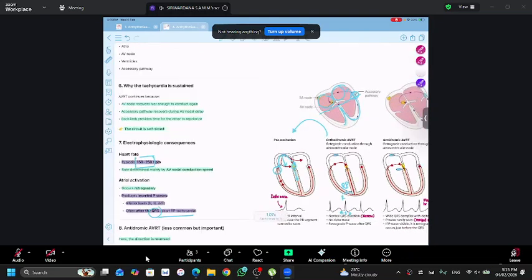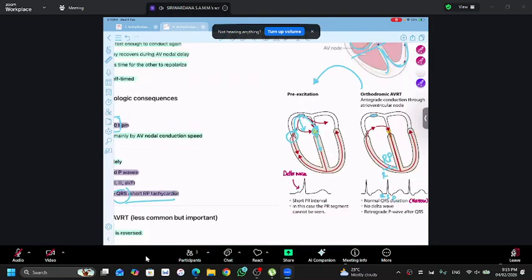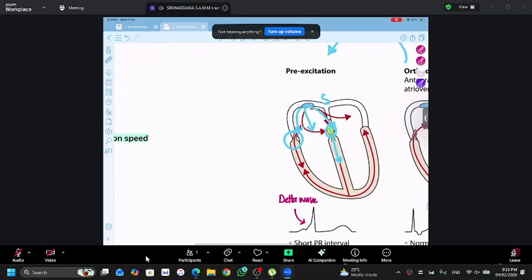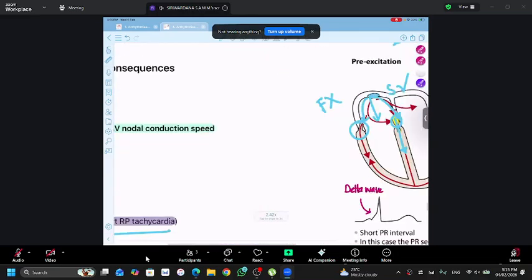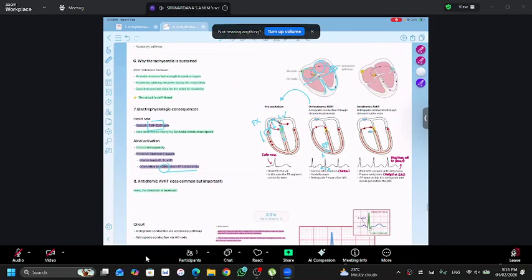Basically, pre-excitation happens. This is the slow pathway, which has recovered and is non-refractory, while this is the fast pathway, which we learned is still refractory. But in this area there can be a certain amount of slow conduction happening. How can I explain this in a good way?